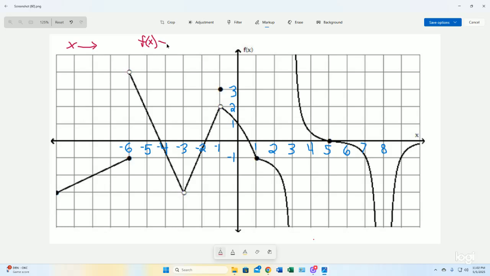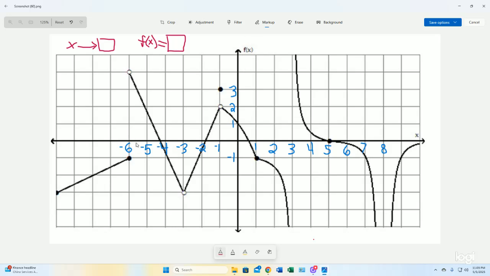And that's pretty much it. That's what we're looking for: as I approach here, what would the answer be? And you're always looking at the output, meaning the y values, or the f of x function itself.